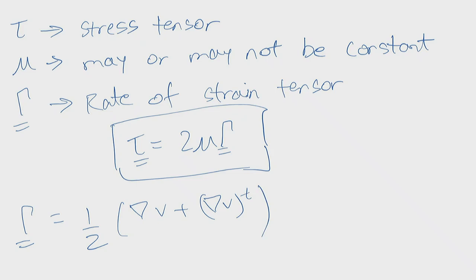This is the symmetric rate of strain tensor. So by definition, this is what the value is, and we can simply plug this expression into this equation here. So what we have is the shear stress equals mu times grad V, which is the dyad, plus grad V transpose.